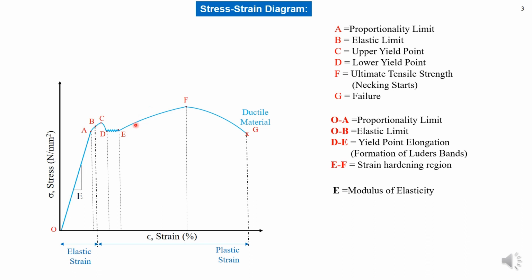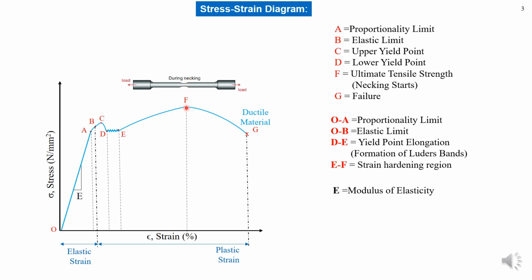When dislocations pile up over one another, then you require a higher amount of force or stress in order to move them, and this marks this region. And point F is known as the UTS, or ultimate tensile strength, or ultimate stress which the specimen can bear. At this point, necking starts, and necking is the localized decrease in the cross-sectional area.